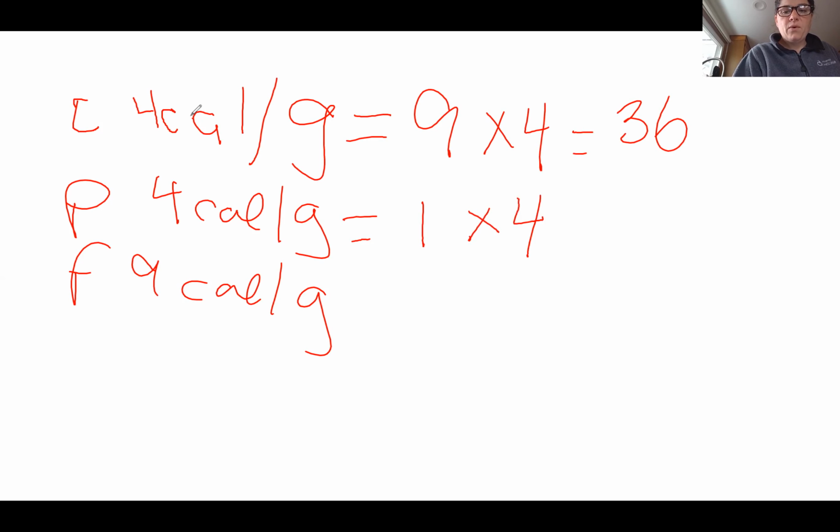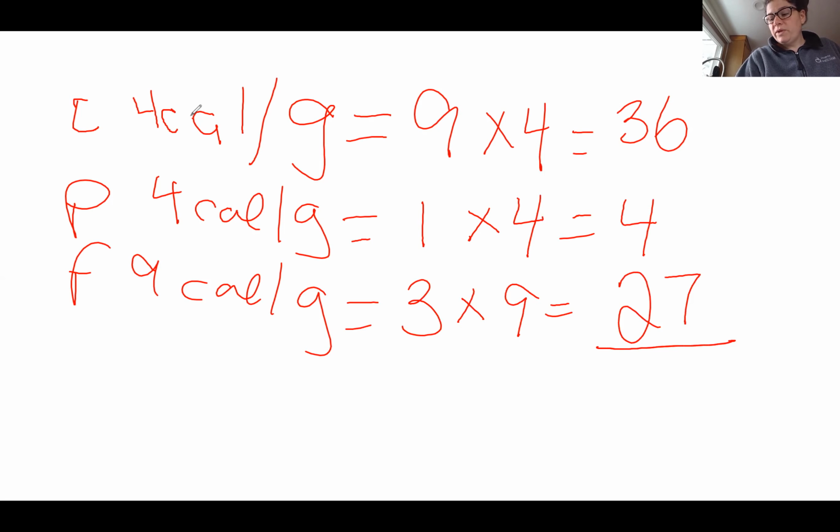So we do 1 times 4, and that 1 gram of protein from his oatmeal cookie will give us a total of 4 calories. The final thing is that each gram of fat has 9 calories in it, and there are 3 grams of fat in his cookie, times 9 equals 27. And when we total that up, voila, we get our magic number of 67 kilocalories.